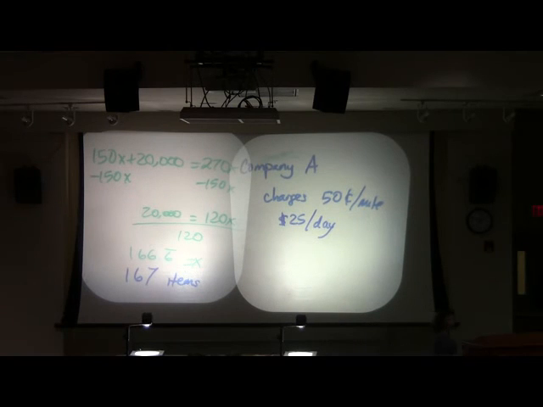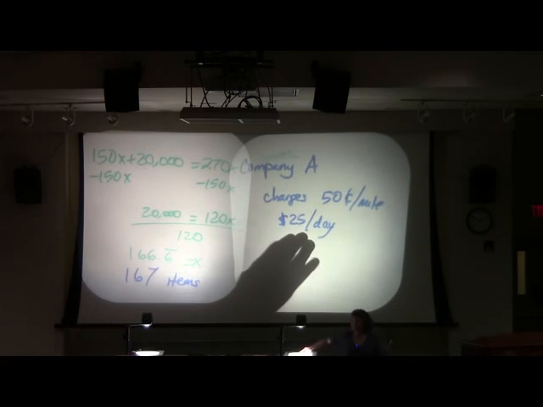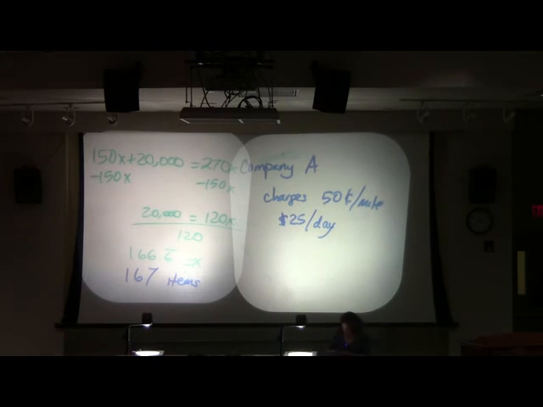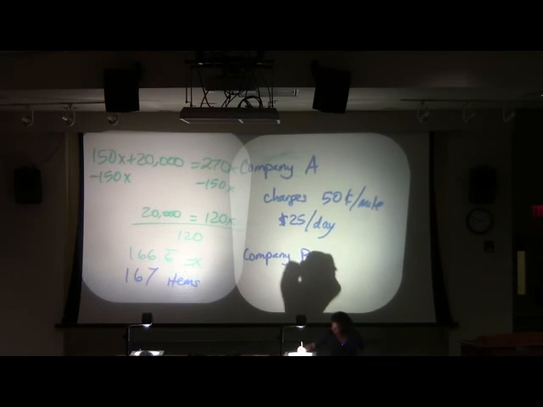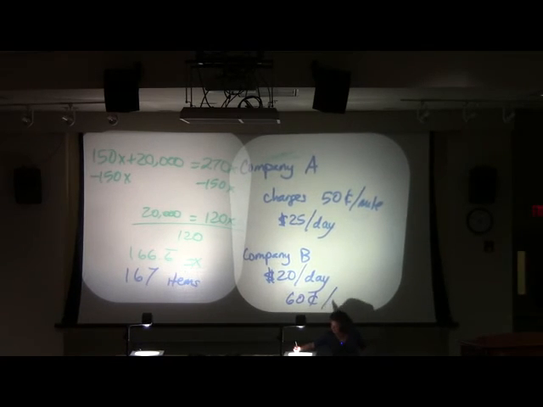So just for having that truck and saying, oh wow, I rented this truck, and not driving it anywhere, it's going to cost you 25 bucks. You guys all agree that's a fixed cost? Yeah. Okay. And suppose there's company B. They only charge $20 per day, but they also charge 60 cents per mile.